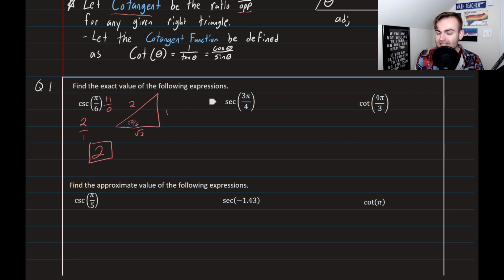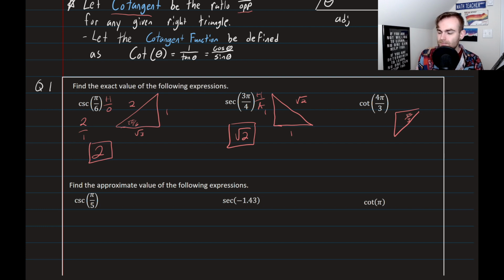Interesting. Secant: this is in quadrant 2, because we're at 3 pi over 4, and it's 1, 1, root 2. Secant is hypotenuse over adjacent, which means it's root 2 over 1, which means this is the square root of 2. Cotangent: this is in quadrant 3, so we are pi over 3 more than pi.